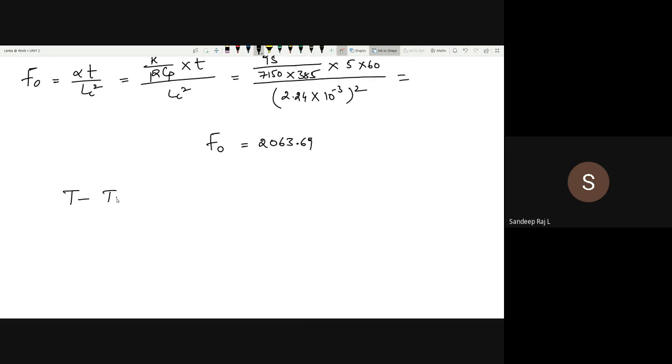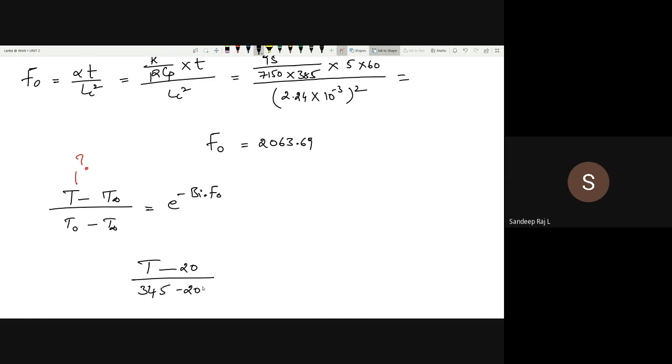T minus T infinity by T naught minus T infinity is equal to e power minus Biot into Fourier. So everything is known except this T. You can substitute all those values here. The T infinity value is 20 and T naught is 345.